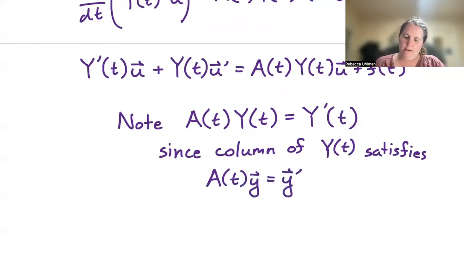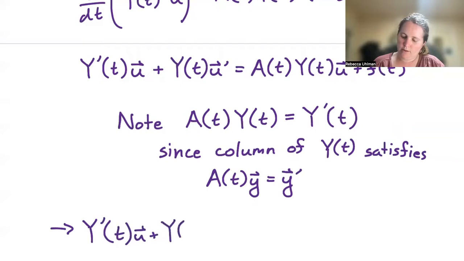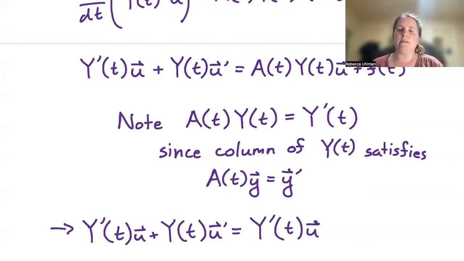So what we get is capital Y prime of t times u, plus capital Y of t times u prime is equal to capital Y prime of t times u. Again, A of t times capital Y of t was just equal to Y prime.